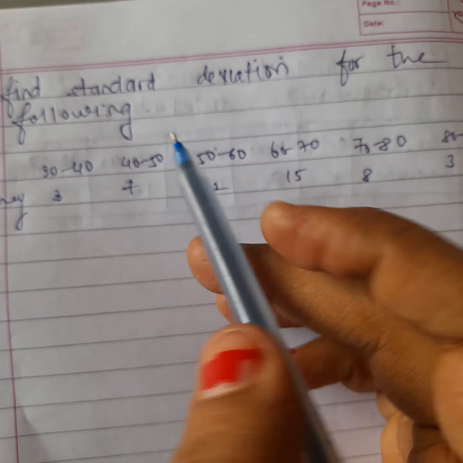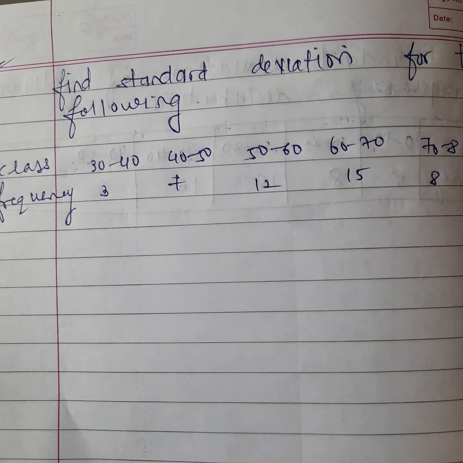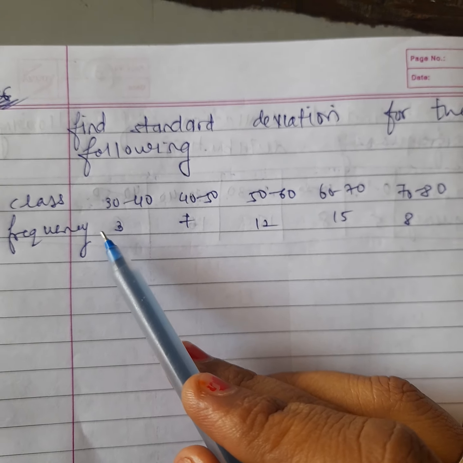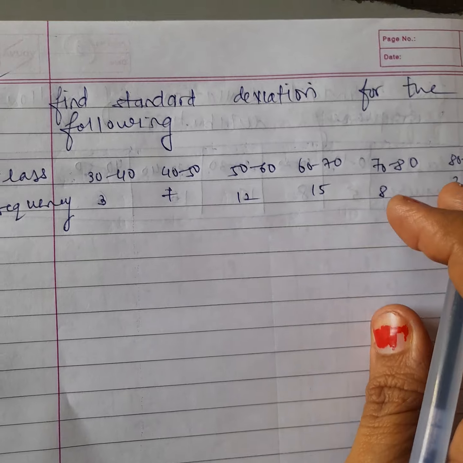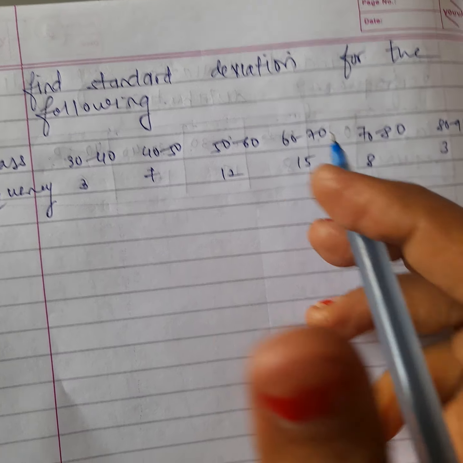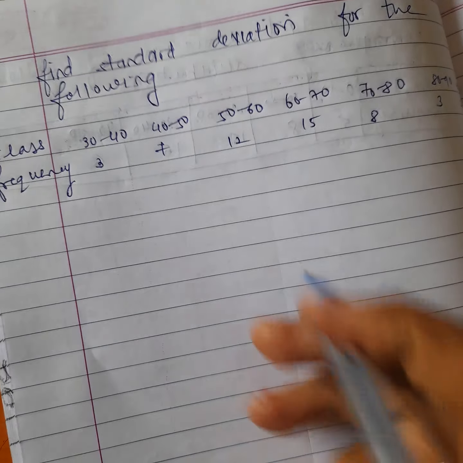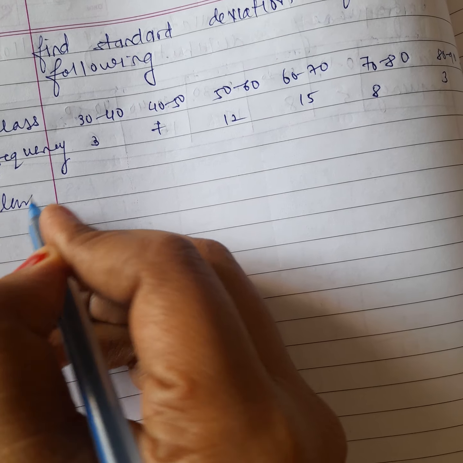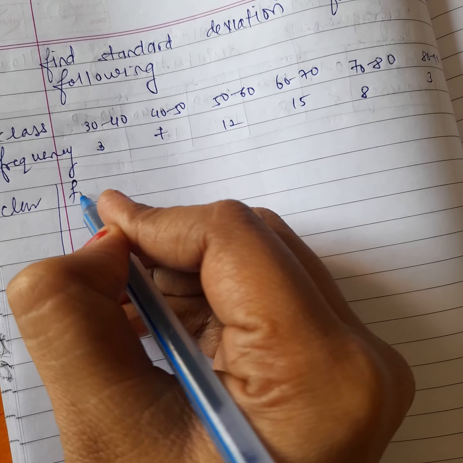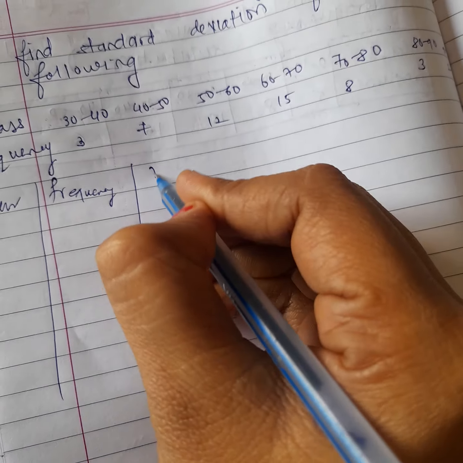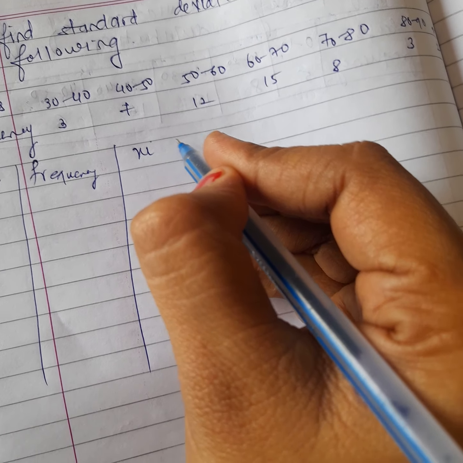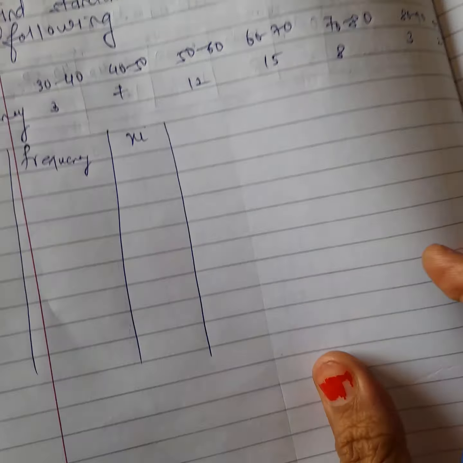Now the next question is to find the standard deviation of the following. Here we can see it is a continuous frequency distribution. Class and frequency are given. So first we'll draw the columns: first for class, then frequency, then xi. Xi is called the mid value of the class, right?